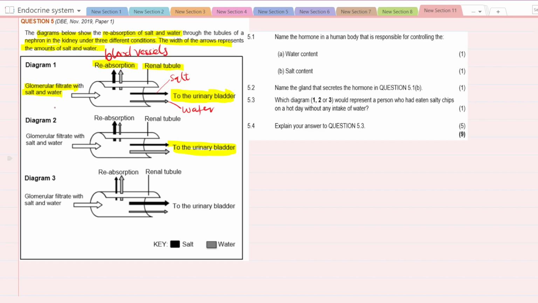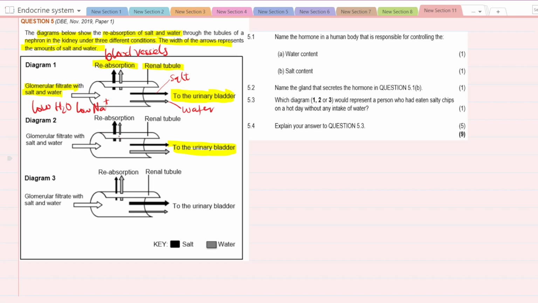So this person had low H2O as well as low sodium in the blood, so the body had to reabsorb the sodium and water back into the blood vessels so that it can increase the water as well as the sodium.